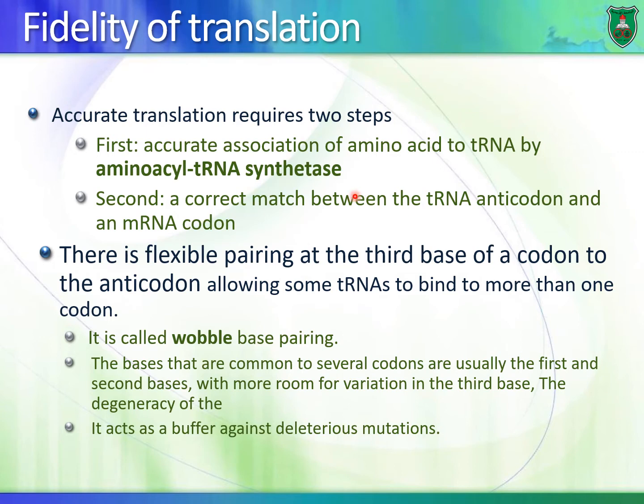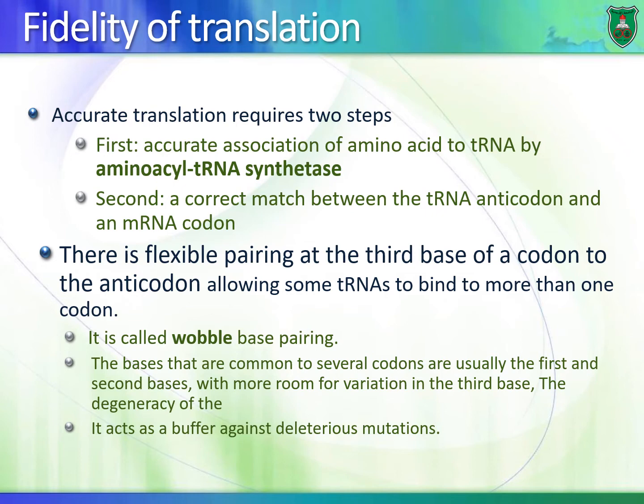The other thing is that there should be a match between the tRNA anticodon and the mRNA codon. But if you look back at the table that I just showed you, there is some flexibility in the third codon position, meaning that some amino acids can be coded by 4 codons that differ only in the third nucleotide of the codon.